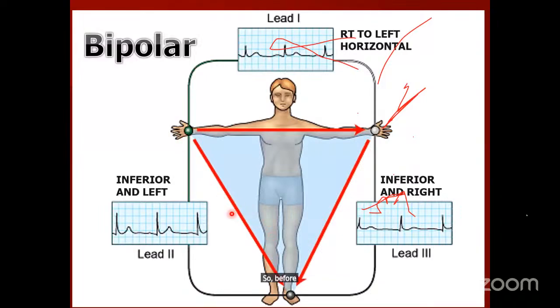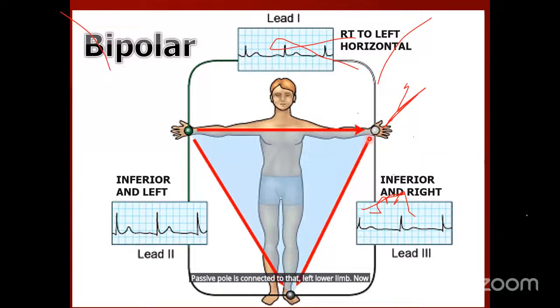Before we go further, I just want to say that in all my slides, this side of the slide is left and this side of the slide is right. So whenever I say this, that means my impulse is going towards the left side. So down and inferior is the line of imagination for my lead 2. For lead 3, the negative pole is connected to the left upper limb and the positive pole is connected to the left lower limb.